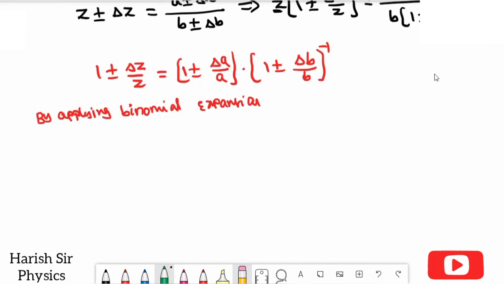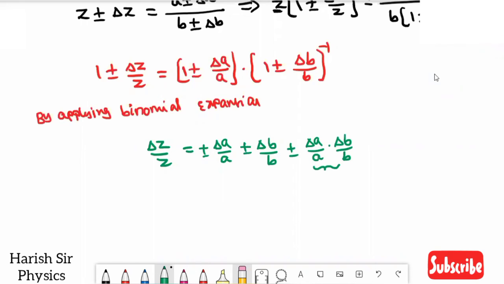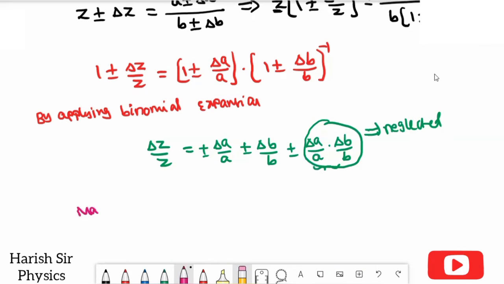You will get delta Z by Z is equal to delta A by A plus or minus delta B by B plus or minus delta A by A into delta B by B. Again, these two are small values, so this term is neglected. Then you will get the maximum possible error.